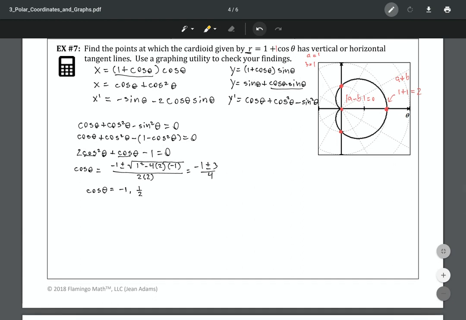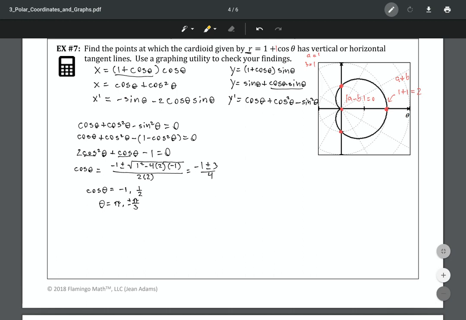So then I have to think, where is the cosine equal to negative 1, which hopefully you know is pi, and where is the cosine equal to 1/2, which is located at pi over 3, plus or minus, really.